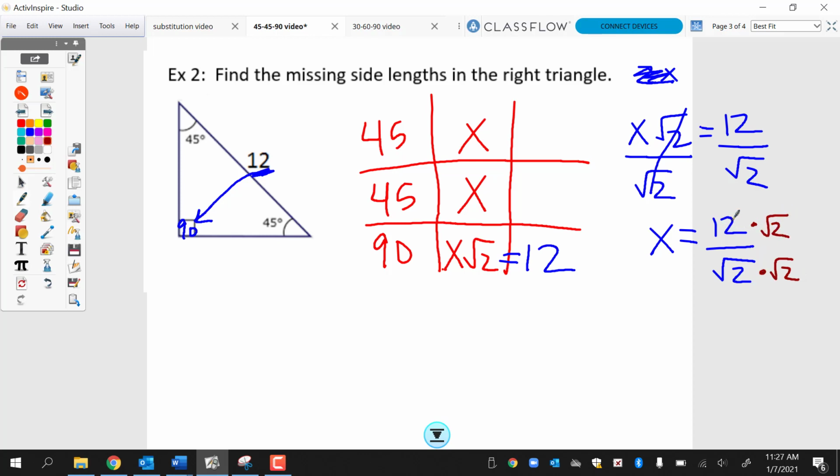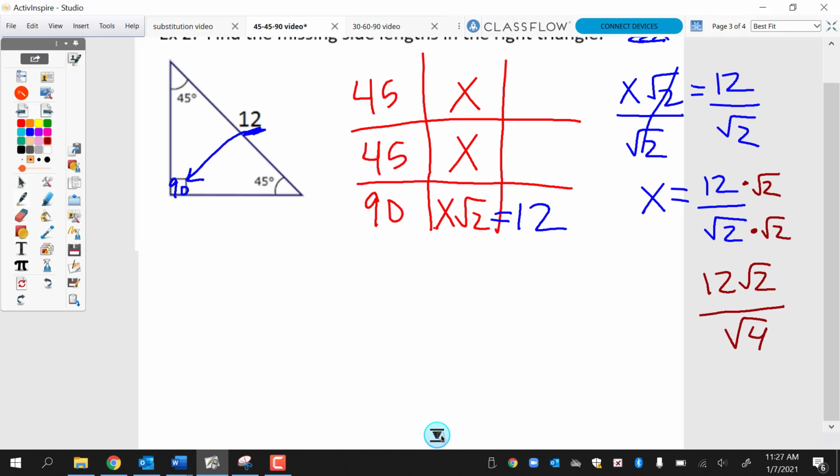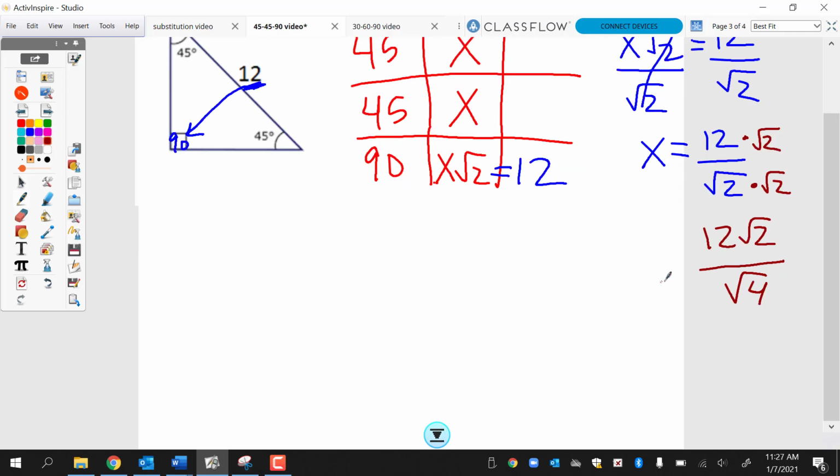So we know 12. Am I allowed to do 12 times square root of 2? No. So I was going to say 12 square root of 2 because it's a whole number and a square root. You cannot multiply those. Square root of 2 times square root of 2, I'm allowed to do that. And that turns into the square root of 4. And we know that the square root of 4 is a whole number. That's going to turn into a 2.